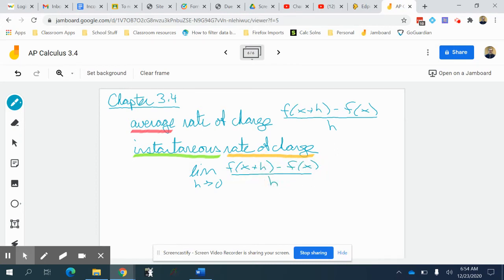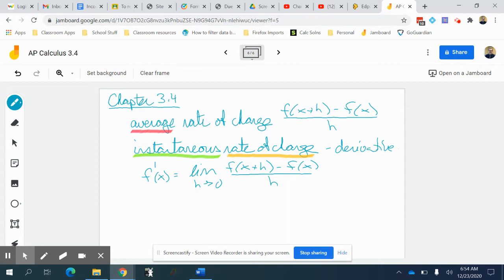And that, of course, is also the definition of the derivative. So instantaneous rate of change, derivative, all different ways of talking about the same thing.